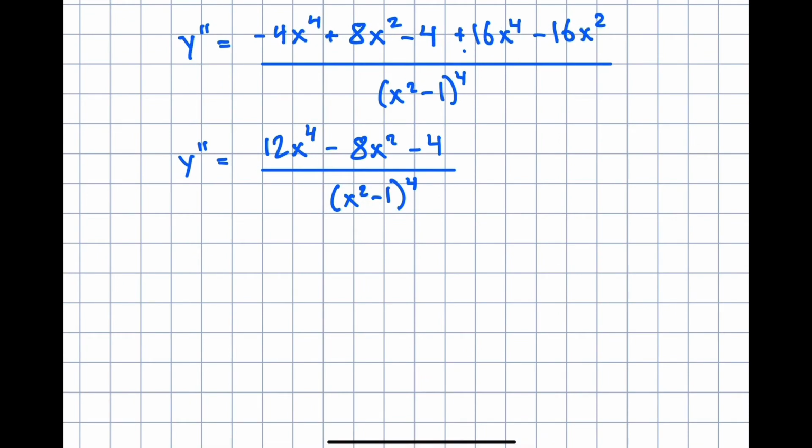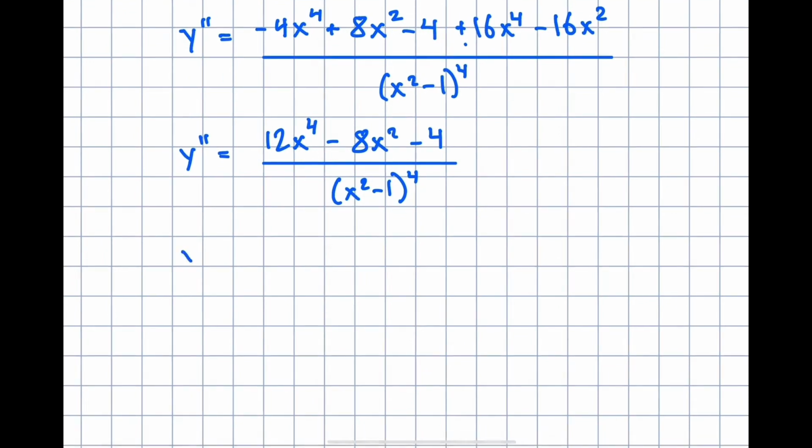All right, still not super easy to see where our numerator is going to equal 0, so we're going to simplify this a little bit more. First thing we can do is factor out a 4, because 12, 8, and negative 4 are all divisible by 4. Now to make this into a form that we're more comfortable with, I'm going to make a little substitution.